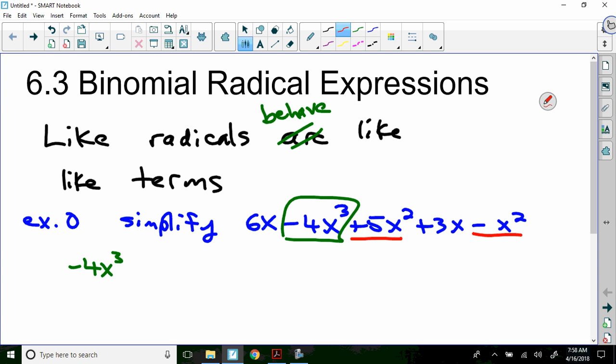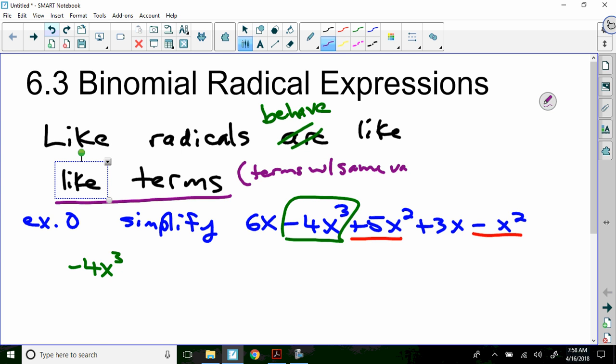In case you don't know the definition of like terms, they're terms that have the same variable or variables and the same exponents.